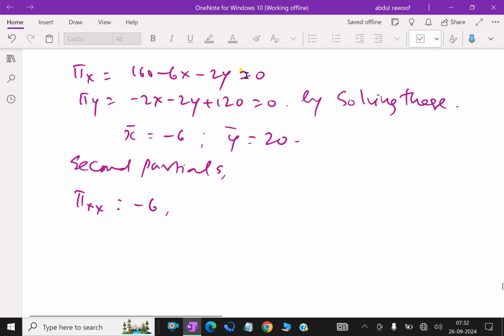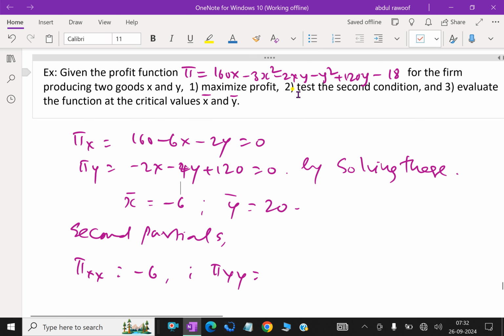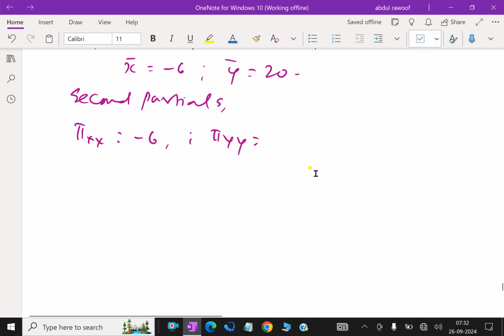Next is pi yy, which is minus 4, from minus 4y differentiation.